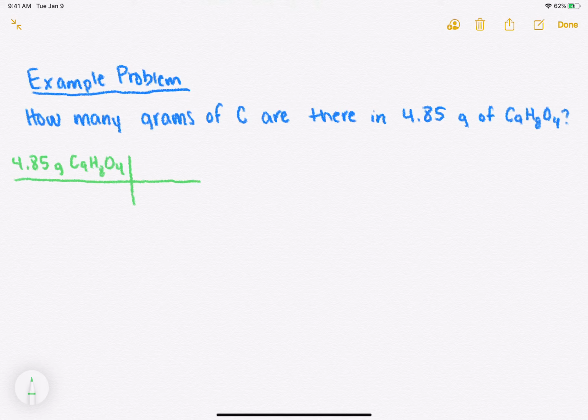So now we know that we want to get rid of C9H8O4, so we're going to put that on the bottom. Then specifically grams of C9H8O4. And the only thing we can really convert to at this point is moles of C9H8O4. We just don't have the information to convert to anything else, but what we can do is use the molar mass to convert to moles.